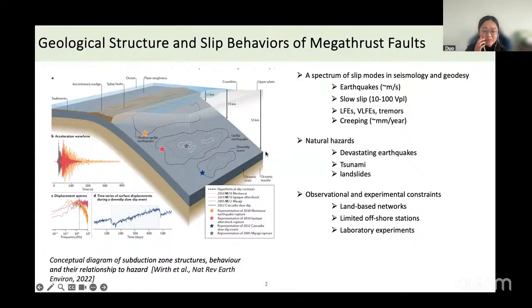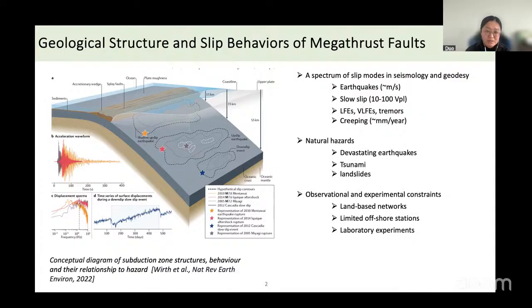Some background. The figure on the left is a conceptual plot for the structure and the slip that has been observed in a subduction slab. From the shallow part to down dip, we can see a change of slip behavior, from shallow slow rupture that is tsunami generating, to depths around 20 to 30 kilometers, which are more seismogenic.